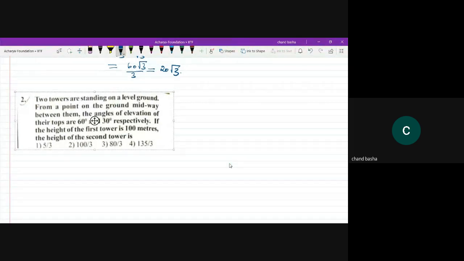So, two towers are there. You are standing midway between them. Can I draw the approximate figure?